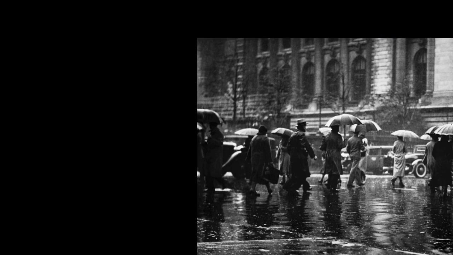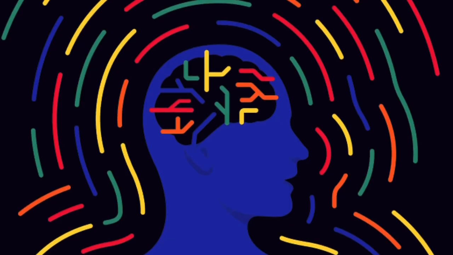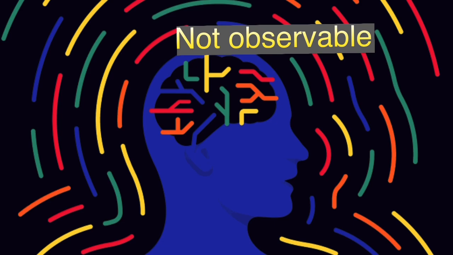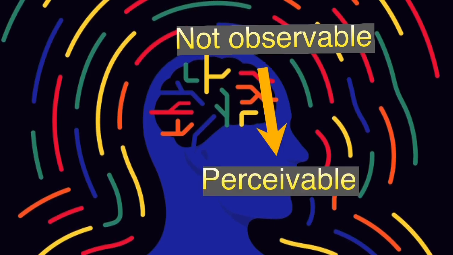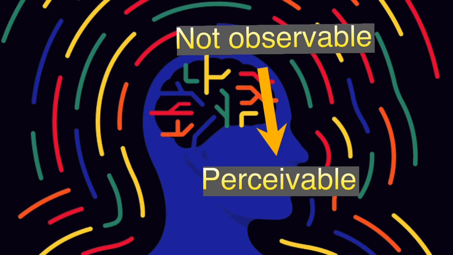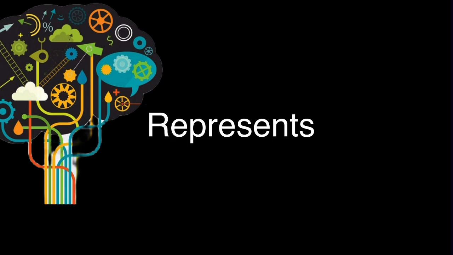Now, what goes on in the mind of the photographer is not observable, but perceivable based on context clues. It is right to use interpretive verbs like suggesting to imply that this is a cognitive reading of the visual clue. Some other interpretive verbs are implies, reveals, contrasts, represents, and emphasizes.